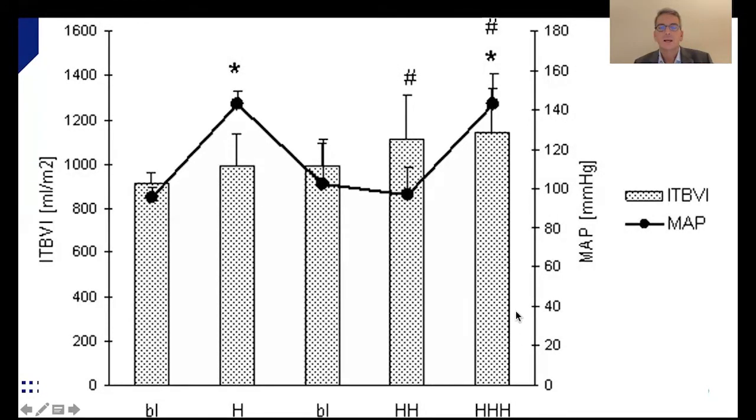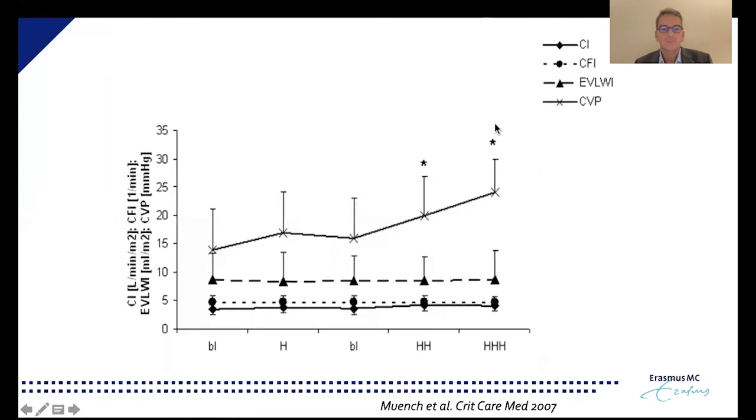And when you combine with hypertension, then this number went up again. And as I also showed in my previous talk, with volume loading and hypertension, the CVP went up very significantly, up to 20 or 25 millimeters of mercury. So there was a true increase in venous congestion, you might say.